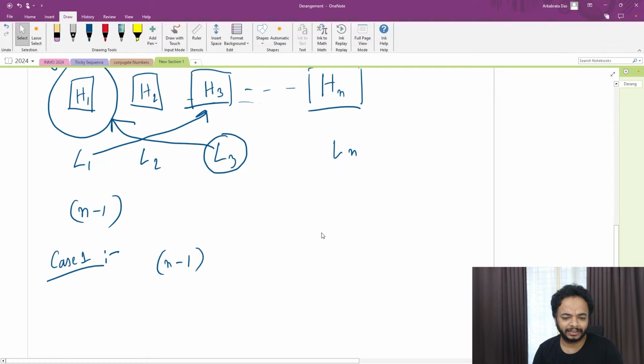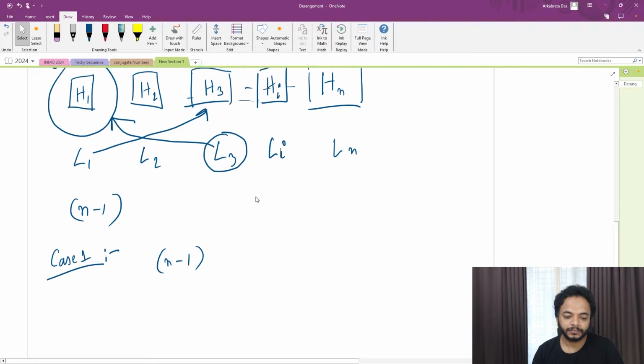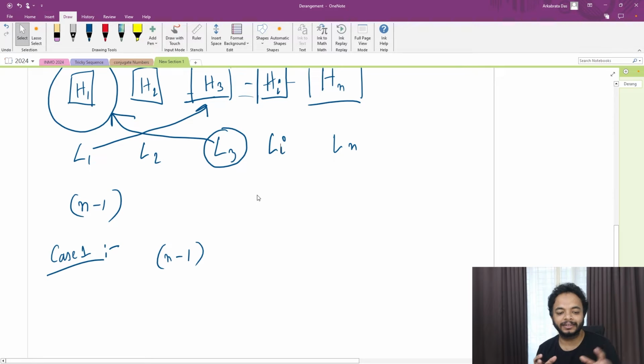So let's say that we have some ith house, where i is ranging from 2 to n. It's going to the ith house, and the letter Li is going to H1. So then these two letters are getting exchanged, and now you are left with n minus 2 houses.